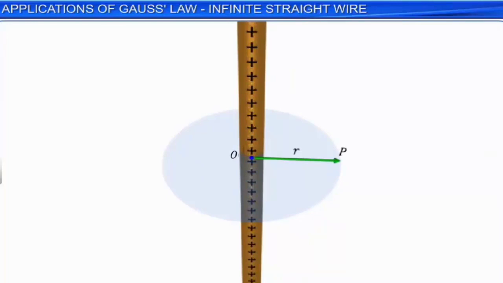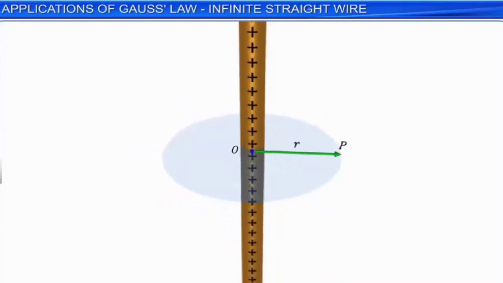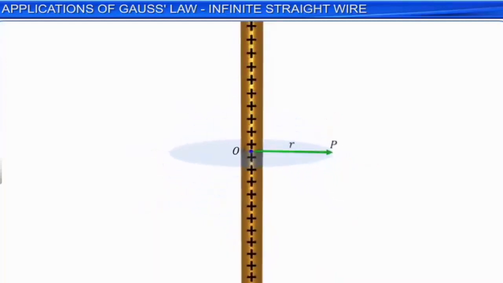The direction of the field at any point on the circle is always radially outward. The fact that the electric field strength at any point is directed radially outward can be understood by considering two small elements of the wire at equal distances from O on either side of it, as shown. Let the element at the point above O be A, and the element at the point below O be B.